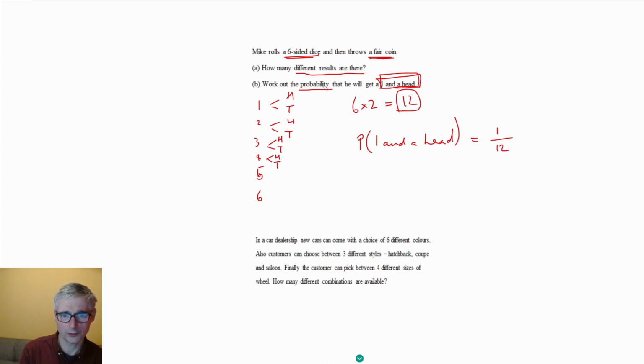We can say it's 1/12 because it's a fair coin, so each of these outcomes, 1 head, 1 tail, 2 head, 2 tail, etc., is equally likely. So we've got 12 equally likely outcomes, but only one way of getting what we want.